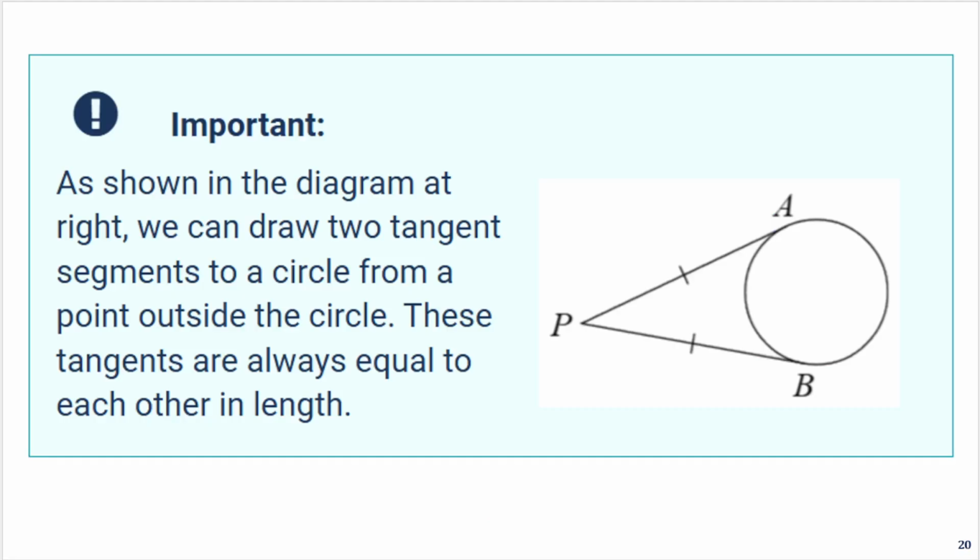Okay, and you can also treat this as another property. As shown here in this diagram at right, we can draw two tangent segments to a circle from the point outside the circle. Then these tangents are always equal to each other in length. All right.